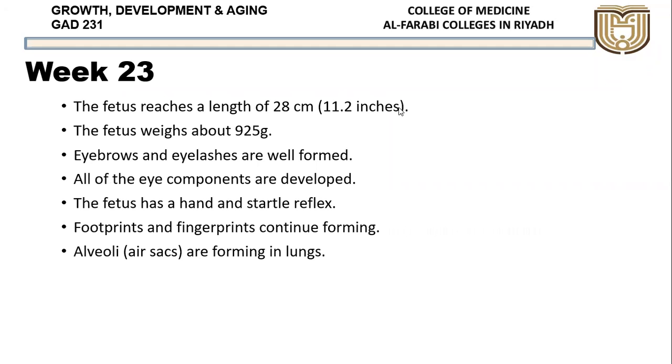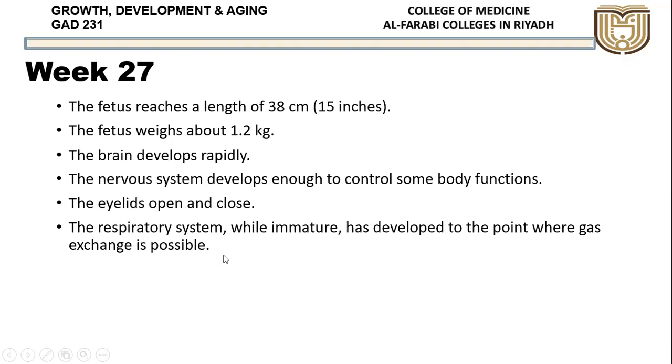By the 23rd week, it has grown up to 11 inches, with a weight of almost 1 kilo. The eyebrows and lashes are well developed, and the eye components are being developed because the eyes are closed now. The fingerprints and footprints are developed, and the alveoli start appearing.